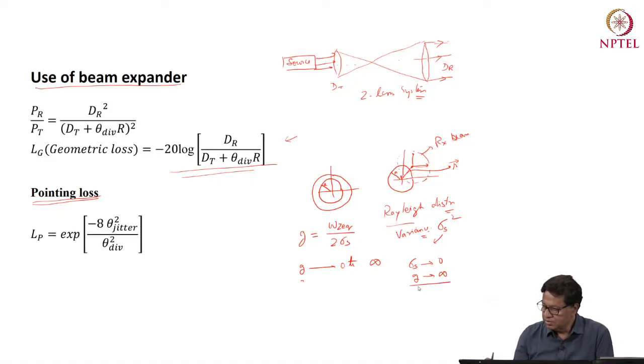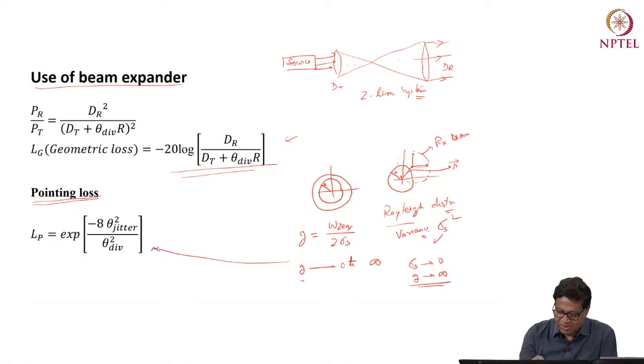So this is about the pointing loss, and this loss can be written in this form, which is exponential of minus 8 theta jitter square divided by theta divergence square.